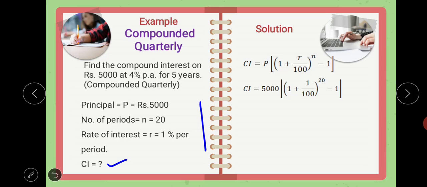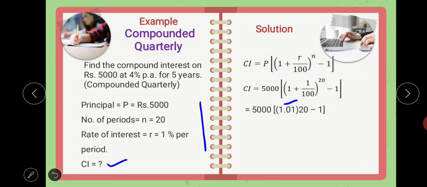Here the value of r and value of n will be different, but the formula is same. So firstly solve the bracket. 1 plus 1 upon 100 is equal to 1.01. So this will be 1.01 bracket raised to 20.